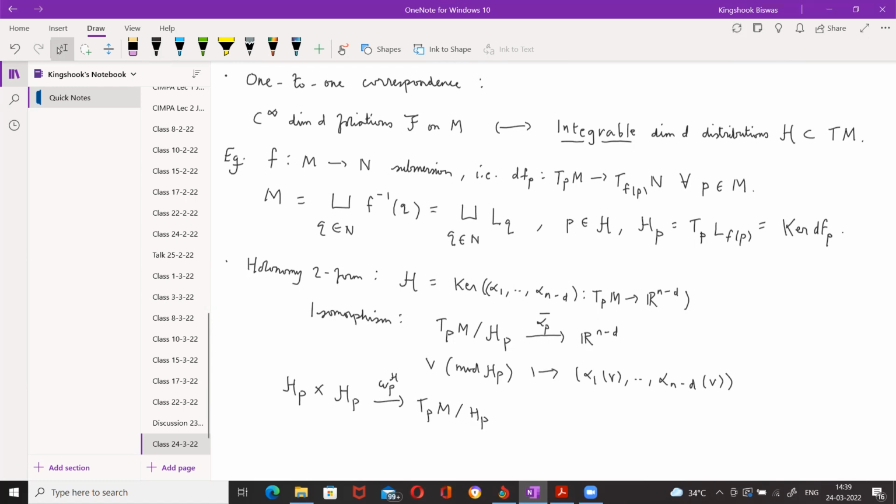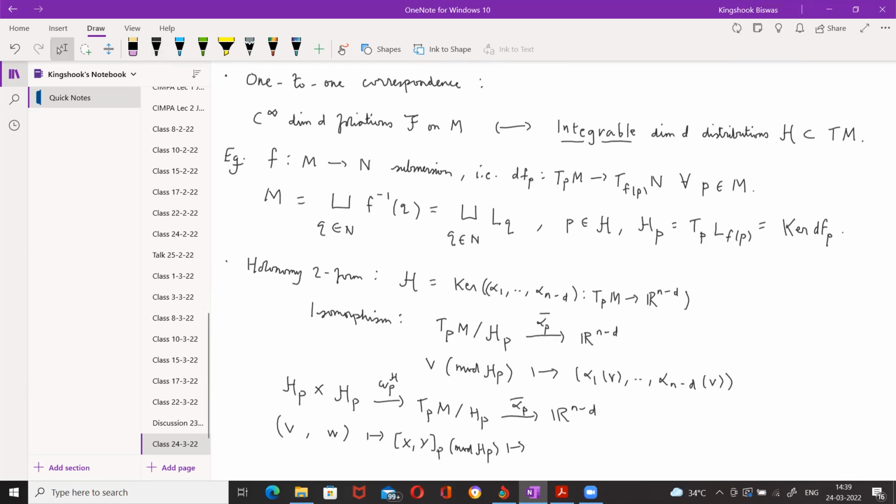And this we're composing with this isomorphism alpha P bar, so this maps to R^(n minus d). So this was V, W maps to the bracket of X, Y at P mod HP.